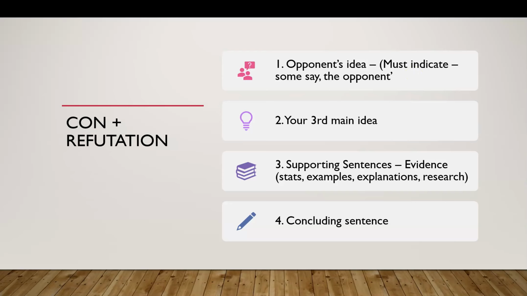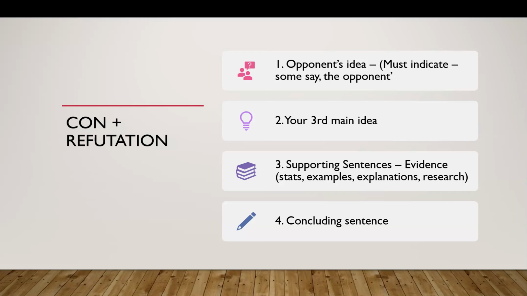The second part of the con+refutation paragraph is to put in your third main idea, which you have written as part of your thesis statement. Alright? And then, after you have written your third main idea, you need to support your main idea. So the third part of writing the con+refutation essay is to state supporting sentences.